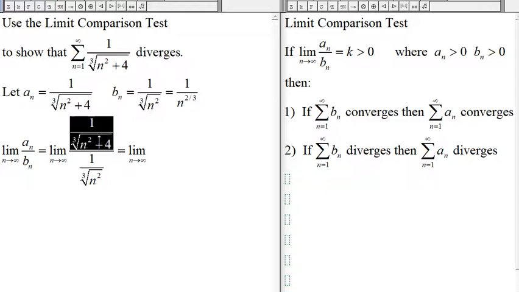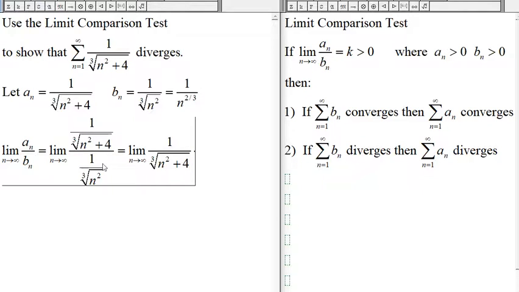Then we can simplify this as follows. Dividing by 1 over the third root of n squared is the same as multiplying by the reciprocal.